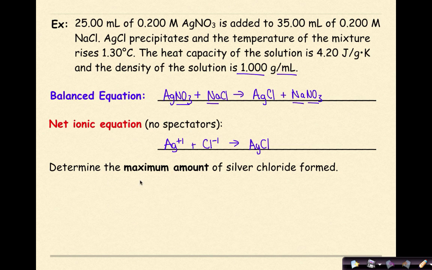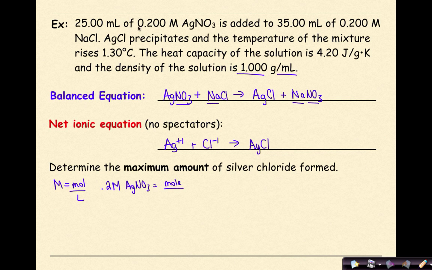So remember, when we're doing a limiting reagent problem, we need a balanced equation like we have up here, and we need to solve for moles. So we're going to use molarity is equal to moles over liters, and I'm going to start out with the AgNO3 first. So 0.2 molar AgNO3. I'm going to solve for moles of that.